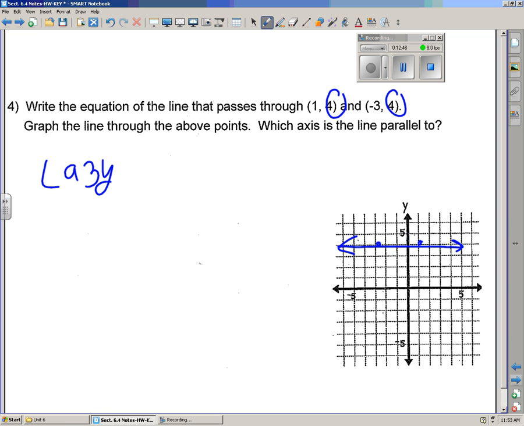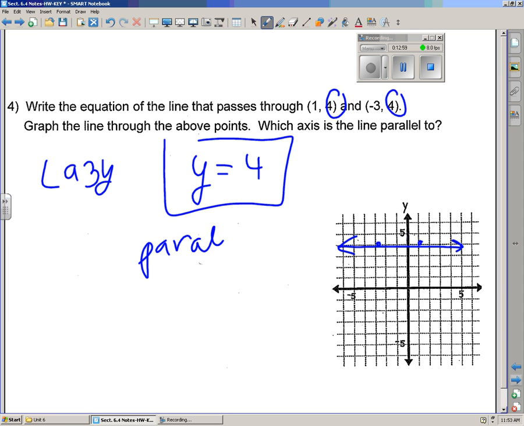So no reason to find the slope. We don't need to. We could have, and we would have gotten 0 anyway. But this is a lazy line. The equation of this y equals line is y equals 4. And this particular line is parallel to the x-axis.